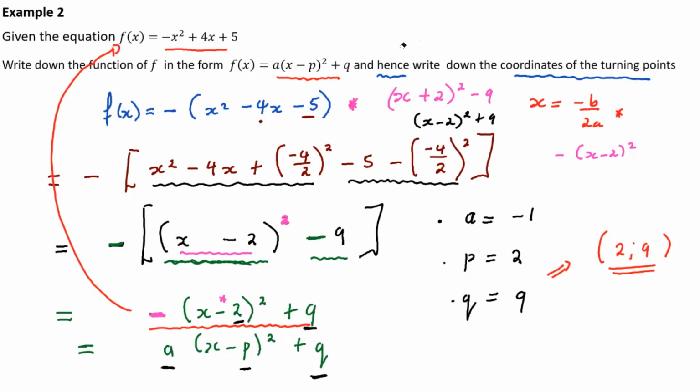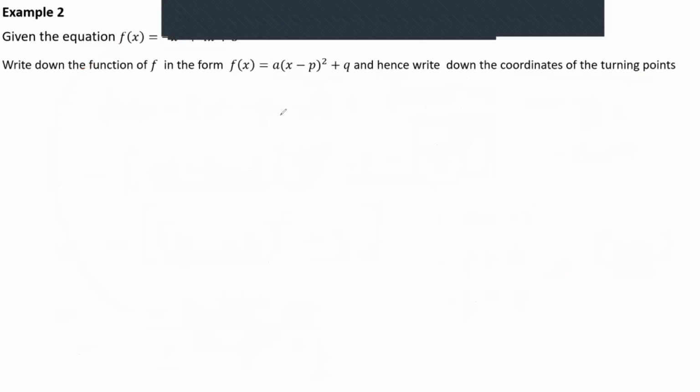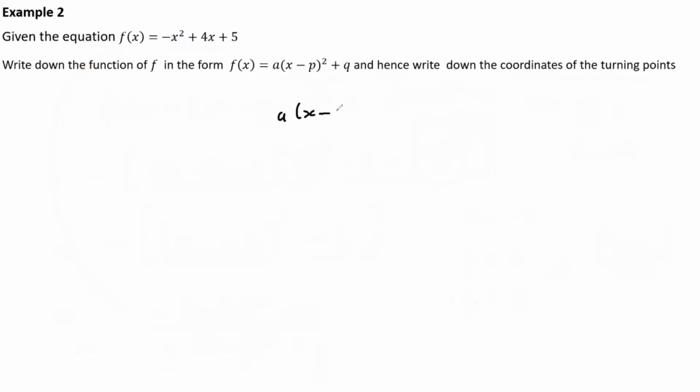Let me just take this out and clarify this. The original format is a(x minus p) squared plus q. And in what I'm doing, I've got this particular situation plus 9. In some books they write it in this format, which is still fine, but please remember that you must negate the p eventually.